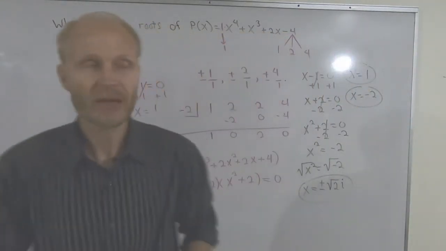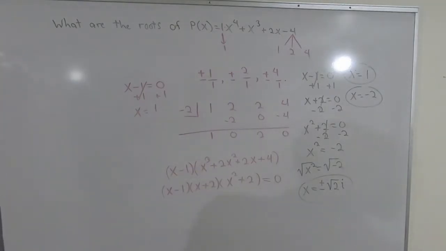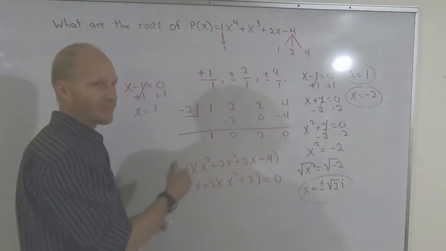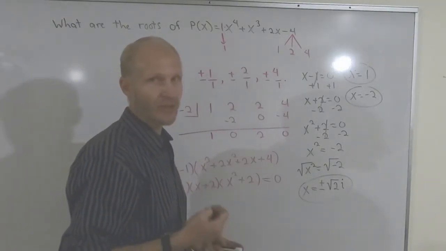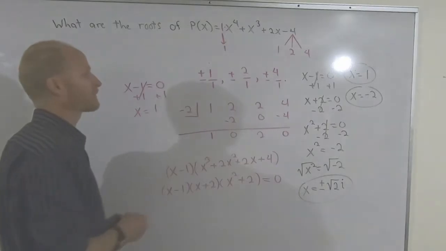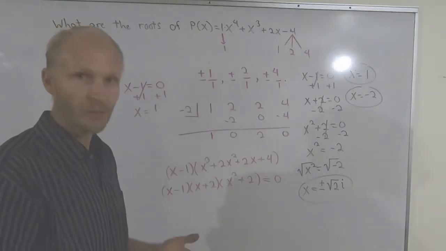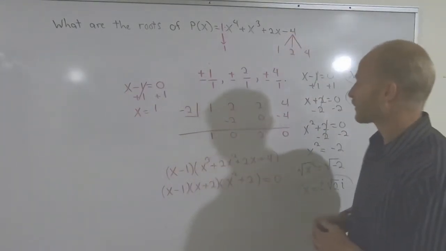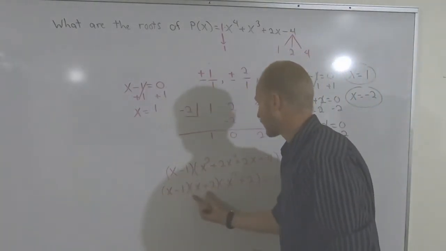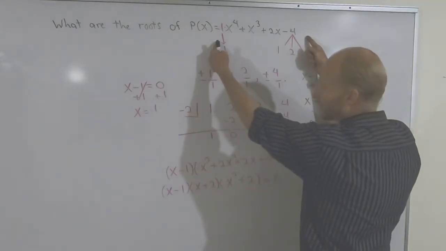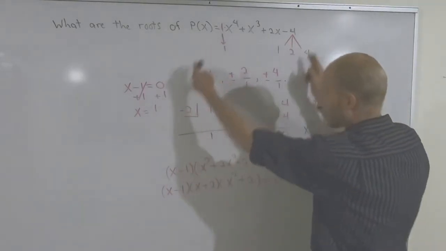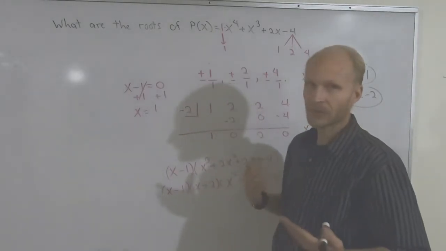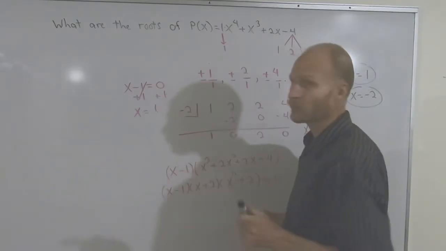I hope that has helped you guys out with how to use the rational roots theorem to, first of all, get a list of all of the possible roots. Again, this is not a list of the actual roots, it's just a list of the possibilities. And we found out that 2 of these things were very good possibilities because they actually represented linear factors. All right, once we found our factors, we could then take this and put it into packages, which we could pretty easily break down into roots.